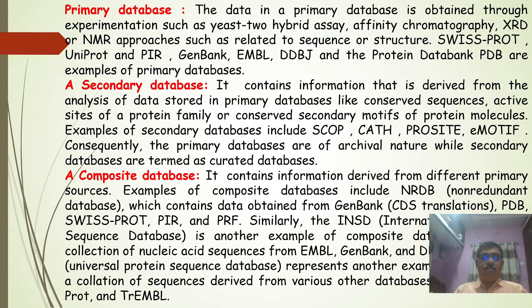The UniProt, the Universal Protein Sequence Database, is another example, which is also a collation of sequences derived from various databases, that is PIR, PDB, and Swiss-Prot, and the translated EMBL sequences, that is TrEMBL.